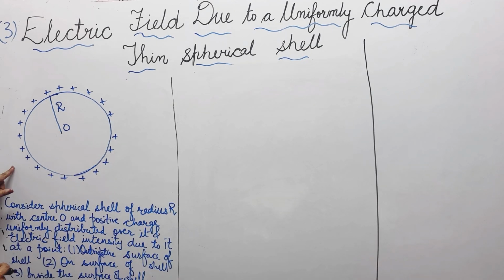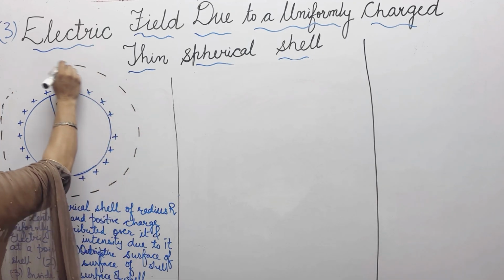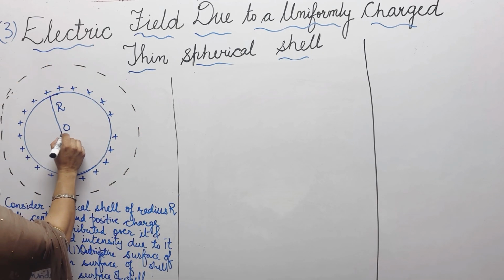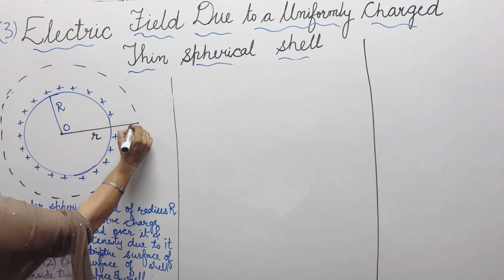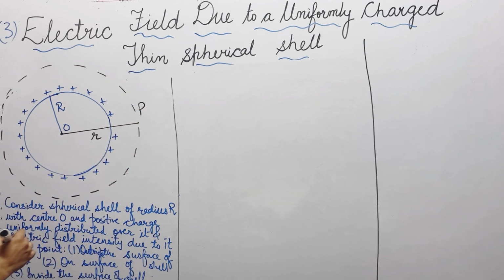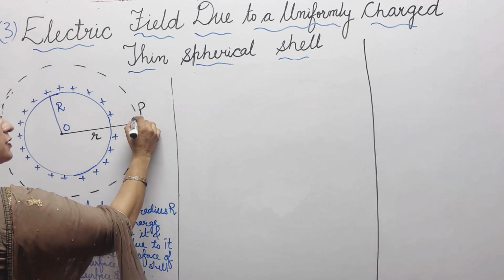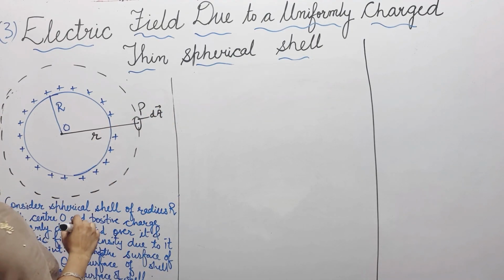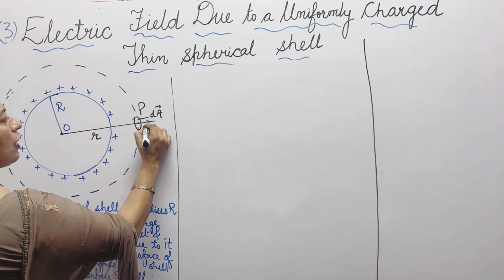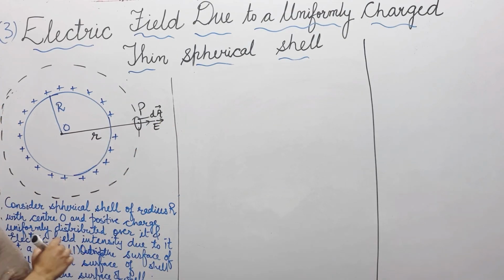Now, to find out the electric field intensity due to this spherical shell outside its surface, let us consider a Gaussian surface around it, that is at a distance say small r from this center to this point P. And at point P, if we consider a small area element dA, the electric field will also be pointing out in the same direction in which the area element is there.